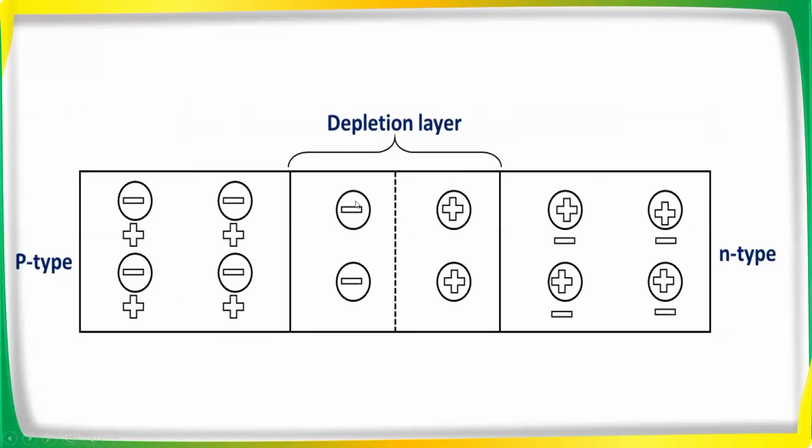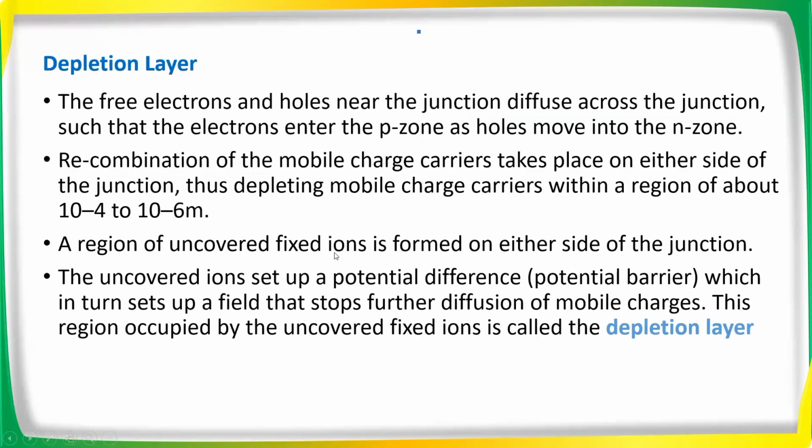We no longer have electrons and we no longer have holes because they have already recombined. These electrons have now gone to occupy the holes. So now we no longer have free electrons. We don't have holes. Now this depletion layer forms what we call a potential barrier because we are having just uncovered fixed ions.